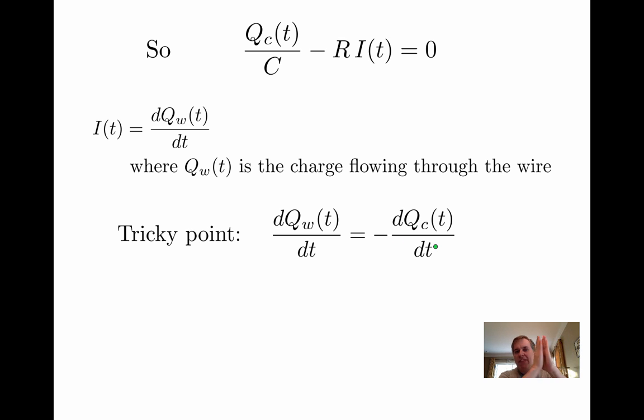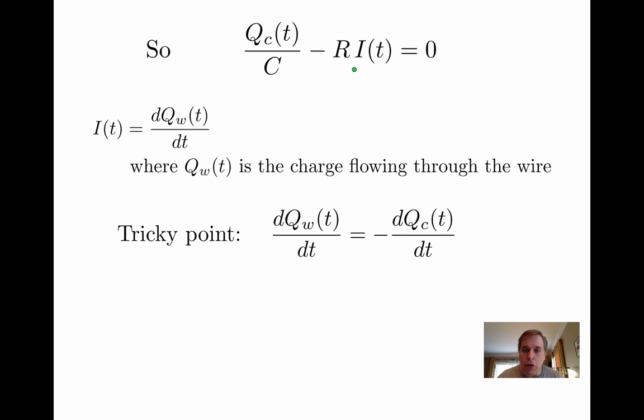When the charge on the positive plate decreases in time, so that dQ_C dt is negative, you increase the charge flowing to the wire. So a decrease of charge on the positive plate gives you an increase of charge flowing to the wire. That's why there's a minus sign here. When the charge on the positive plate goes down with time, the charge in the wire increases in time because you transfer charges from the positive plate to the wire. So that's the reason for this minus sign here.